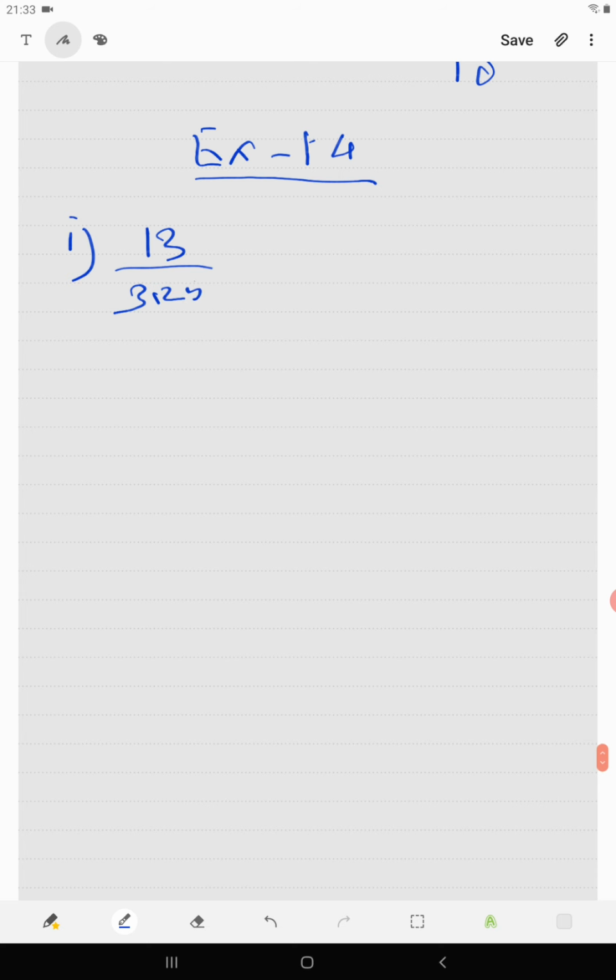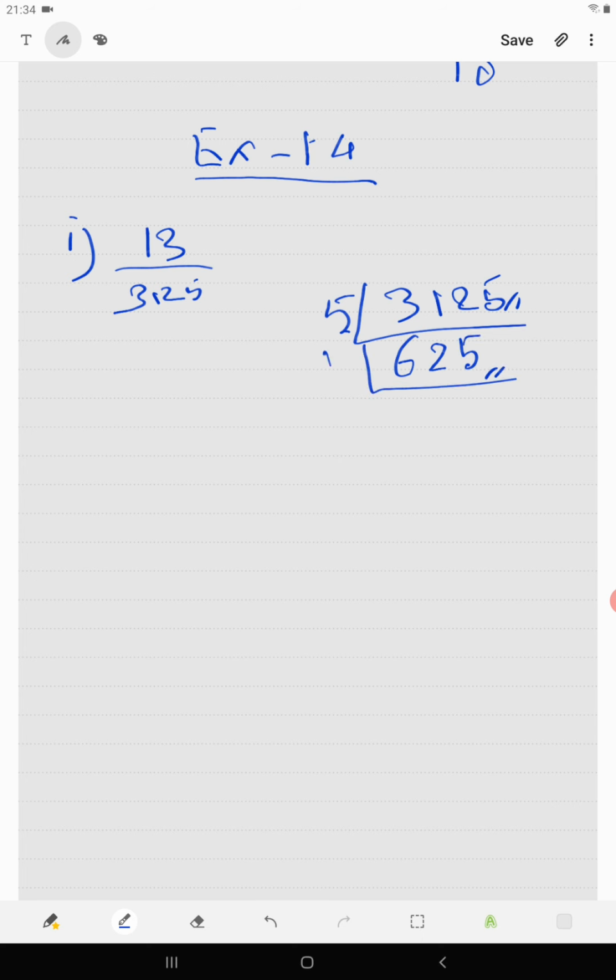So the first question is 13 divided by 3125. Let's do the factorization. Since 5 is at the unit digit, I can divide it by 5. 5 sixes are 30, 5 twos are 10, 5 fives are 25.